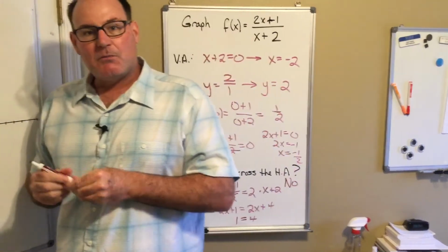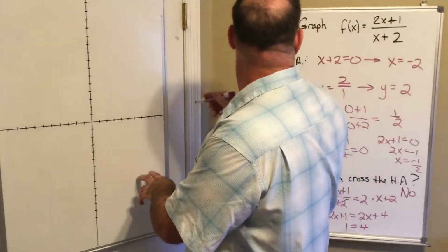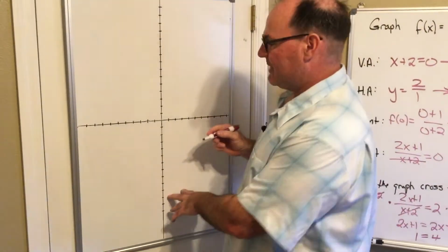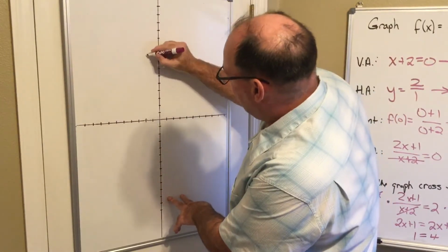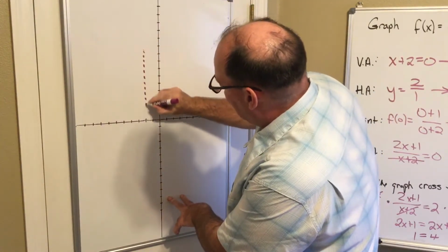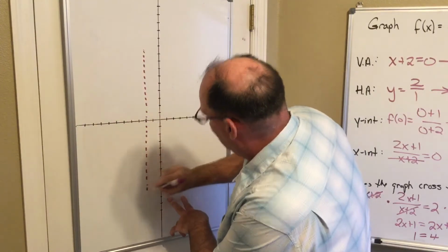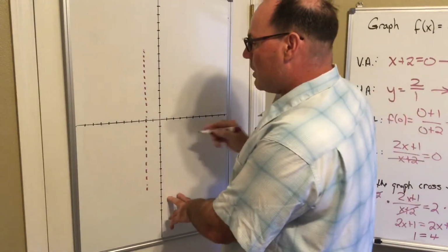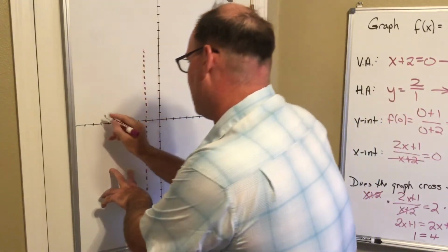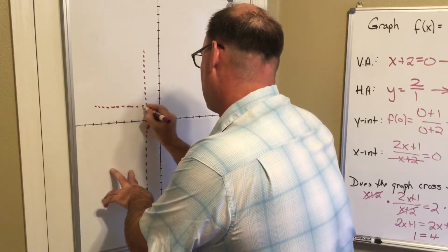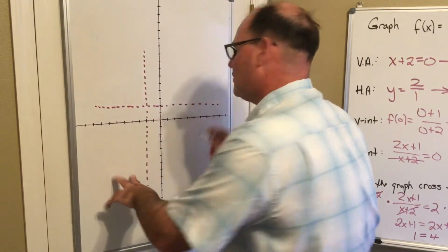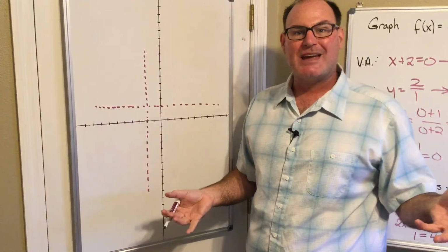So now I'm going to plot the information I have. The vertical asymptote happens at -2. So here we go. The horizontal asymptote is at +2. So once again, that tells me so much information.